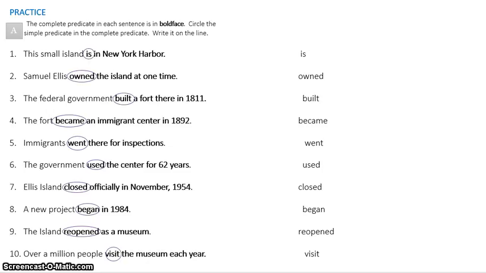So this does have a pattern. Usually the first word, or the first 2 words in some cases, in the complete predicate are going to be your simple predicate or your verb. Remember, simple predicate is another name for verb.